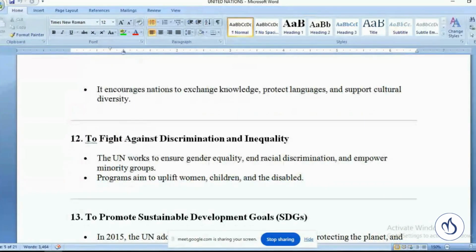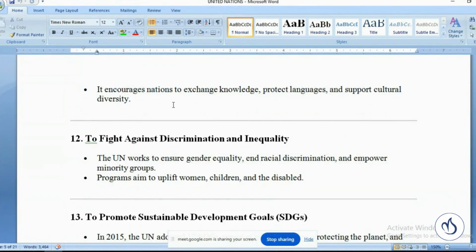It also encourages nations to exchange knowledge, protect languages, and support cultural diversity. In the new curriculum, they encourage children to use their languages, exchange knowledge, and support cultural diversity.